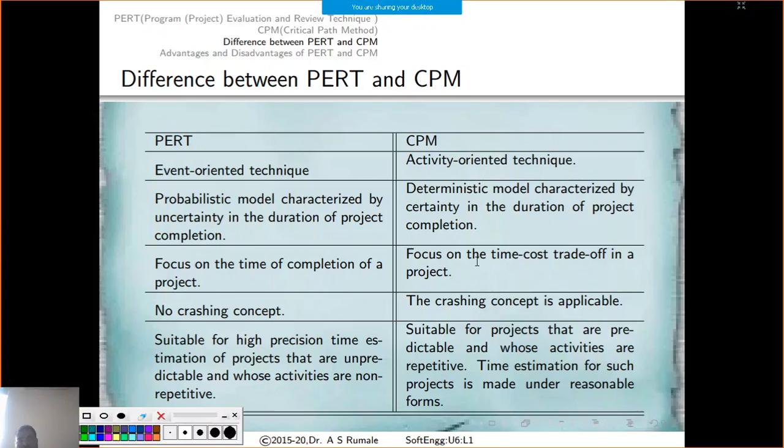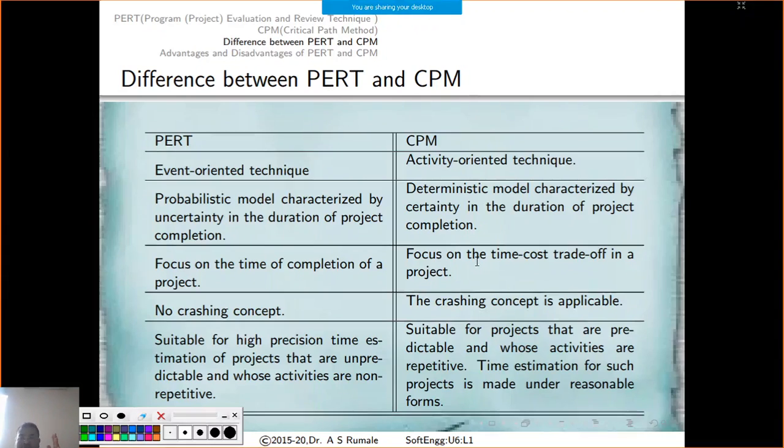Now, where are PERT networks applicable? PERT project networks are suitable for high-precision time estimation of projects that are unpredictable and whose activities are non-repetitive, meaning you are not repeating the activities. For example, in a military operation, because PERT was designed and developed by the US Navy.